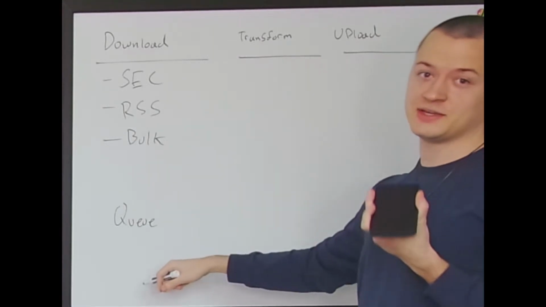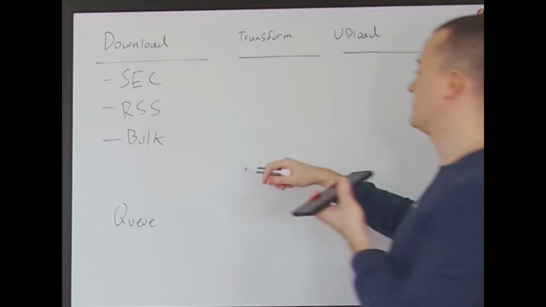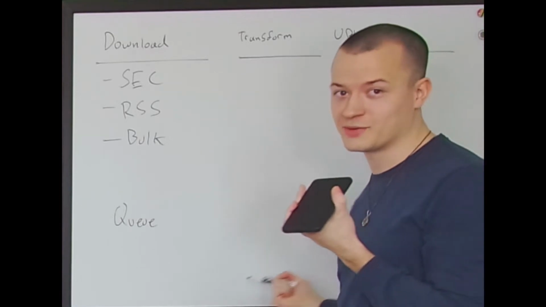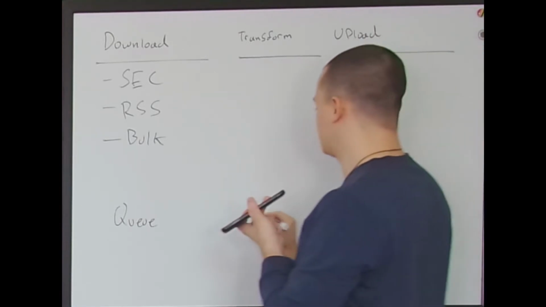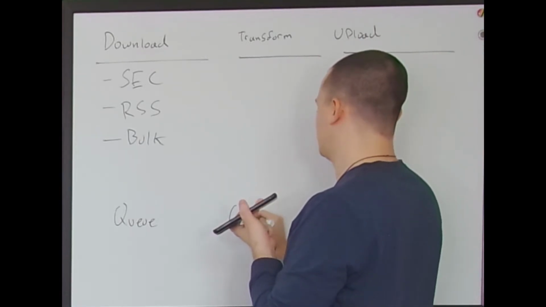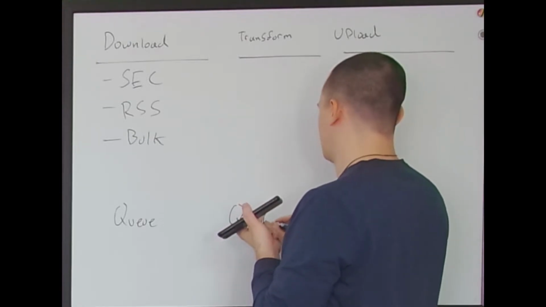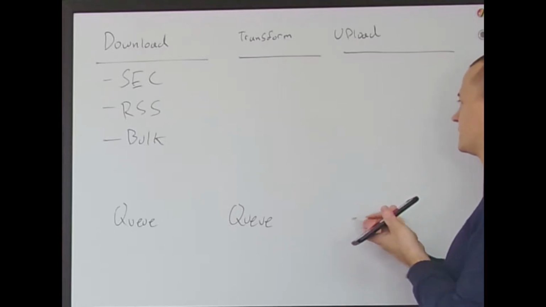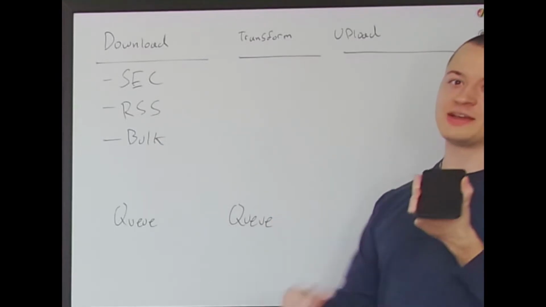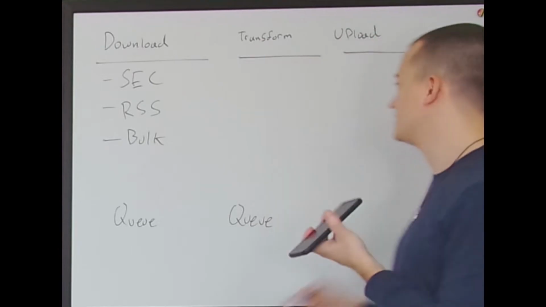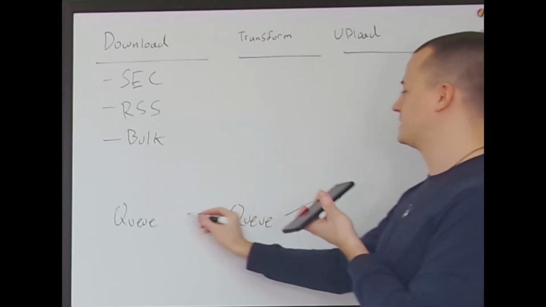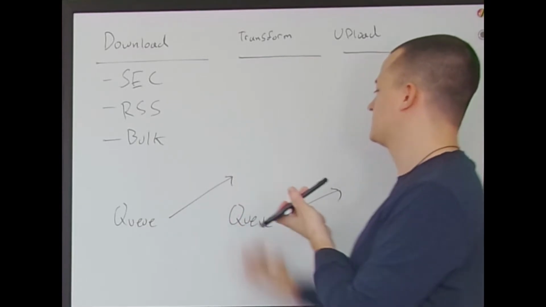It listens to this queue, and whenever something arrives in the queue, it'll pull it off the queue and start working on it. So again, a queue, and upload doesn't have a queue that it inserts into because it uses the queue from the transform process.